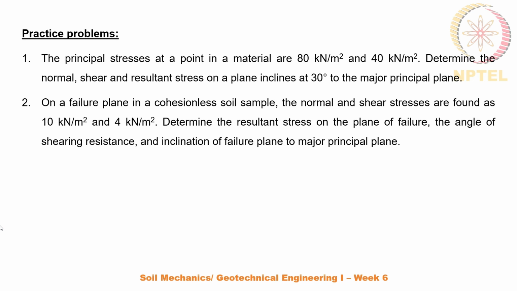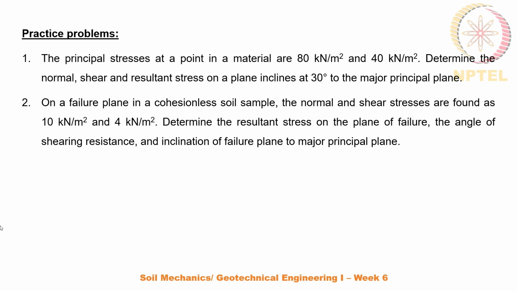So now here we have some practice problems. You may please note down. Question 1. The principal stresses at a point in a material are 80 kilonewton per meter square and 40 kilonewton per meter square.